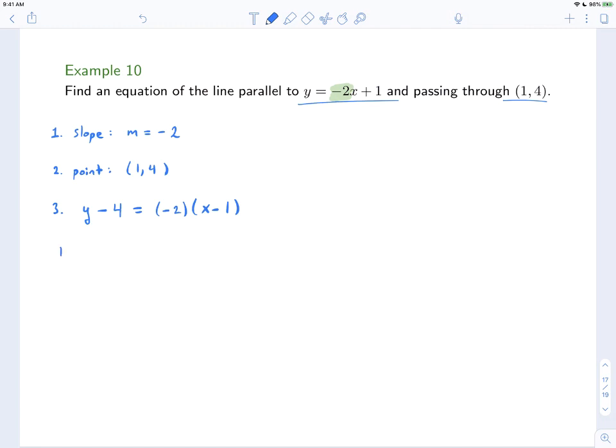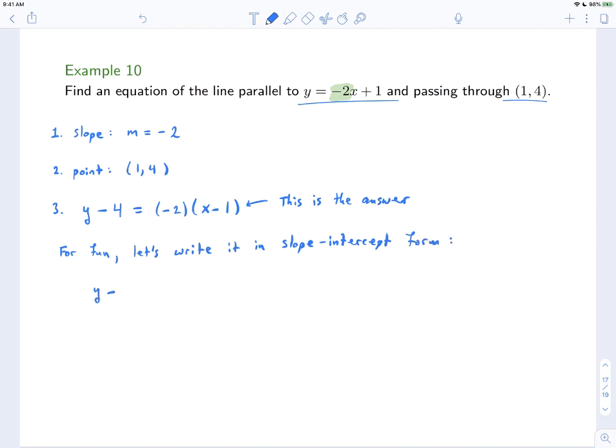But for fun, let me just write, this is an answer. But for fun, let's write it in slope-intercept form. Now for that, really all you have to do is solve for y.